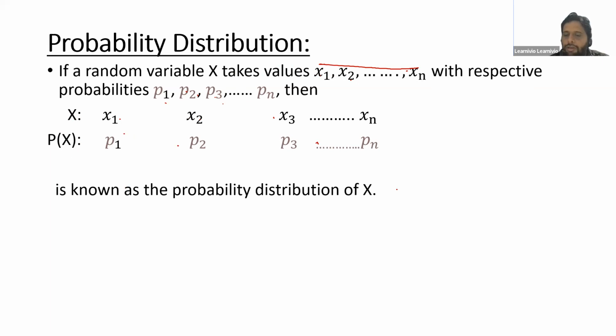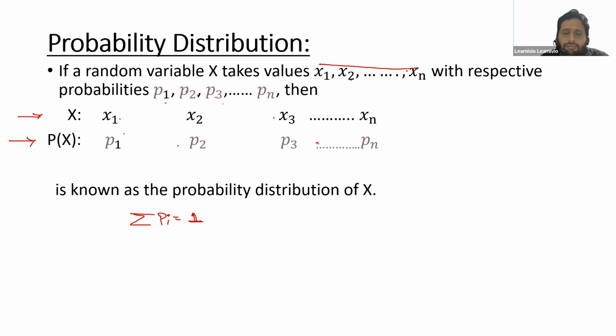So what is a probability distribution? When you write a random variable and its probabilities, this is called the probability distribution. I hope this is clear to everyone. Please note this down and always remember the sum of these probabilities will always be 1, because the total probability is always 1.